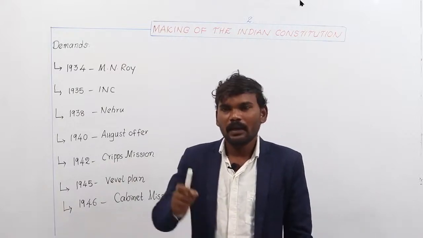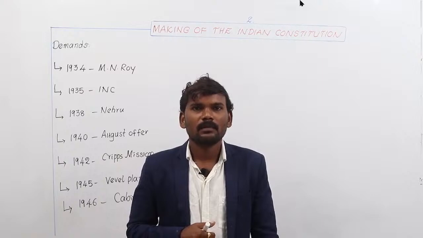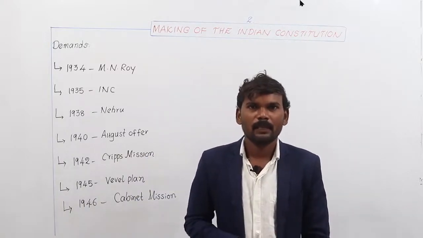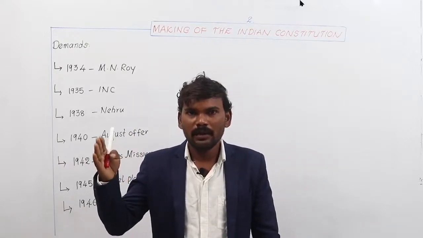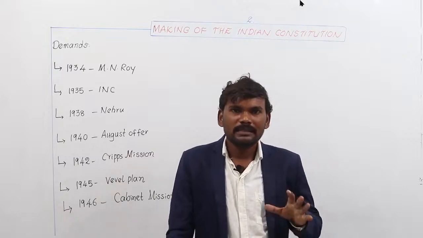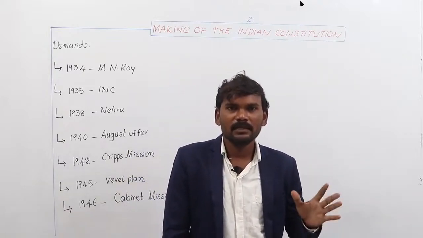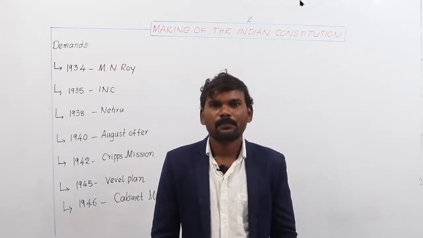That's why, in the world, the making of a constitution is done in two ways: adopting it by enacting a law in the parliament, or setting up a constituent assembly and making the constitution through the contribution of that assembly.